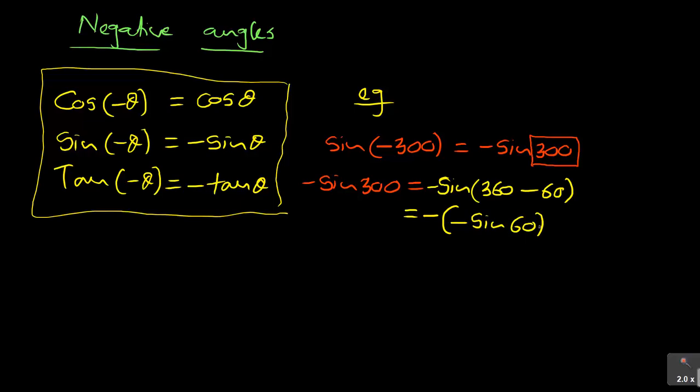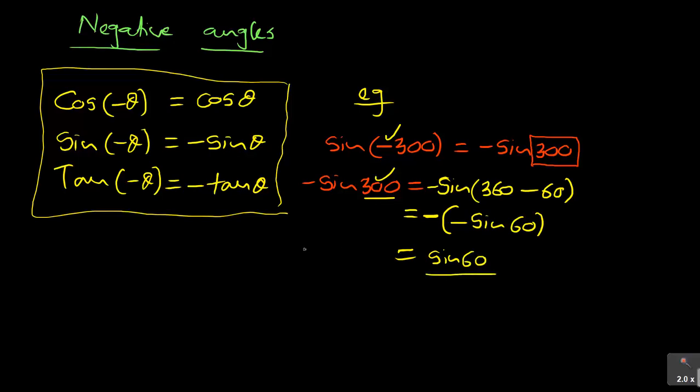So you've got two negatives. That's what I wanted you to take note of. The first negative is there, and the second negative means you're in the fourth quadrant. The two negatives neutralize each other, it becomes a positive, and your answer becomes sine 60.